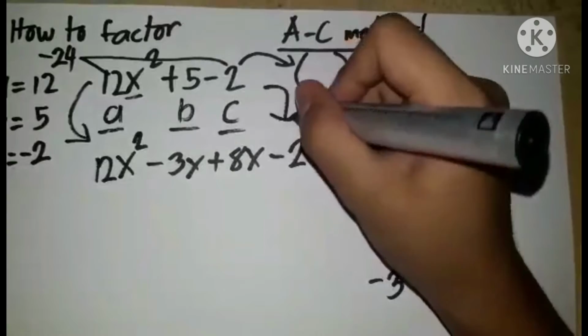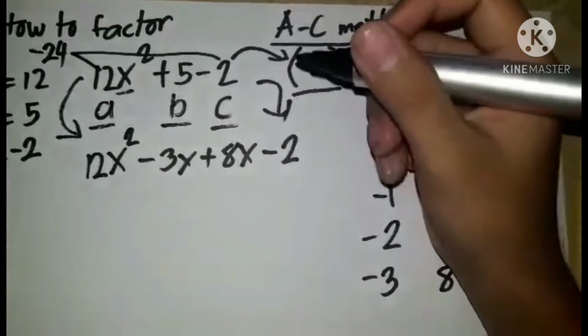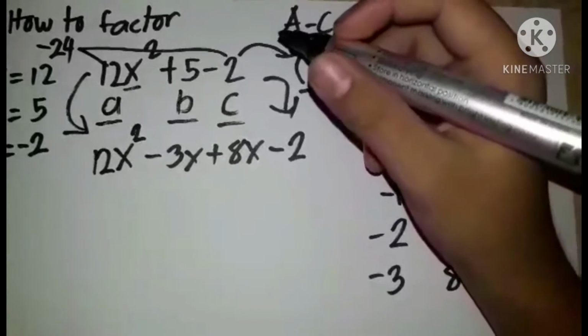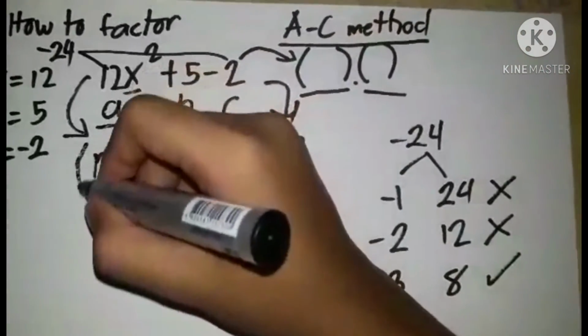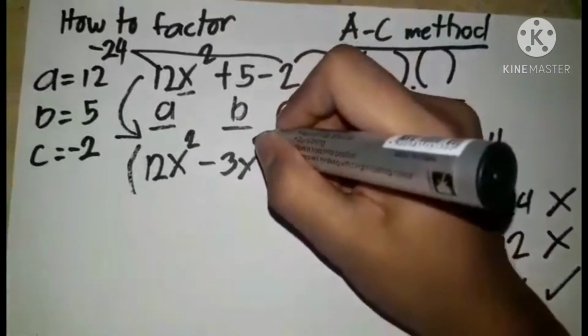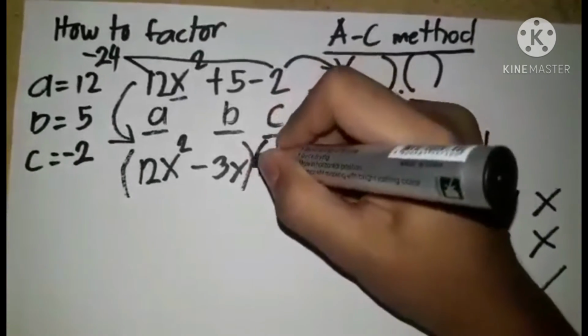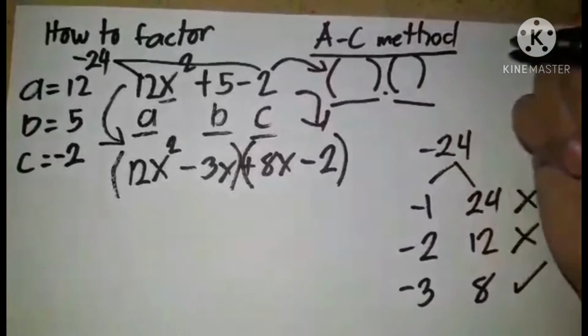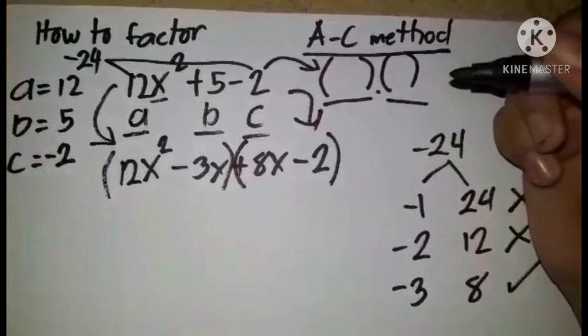Now we have 4 terms. Our next step is to group them, so we group two terms like that. The third step is to factor out the common factors from each of these groups.